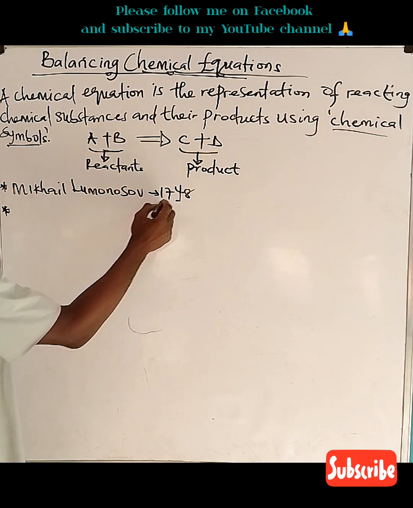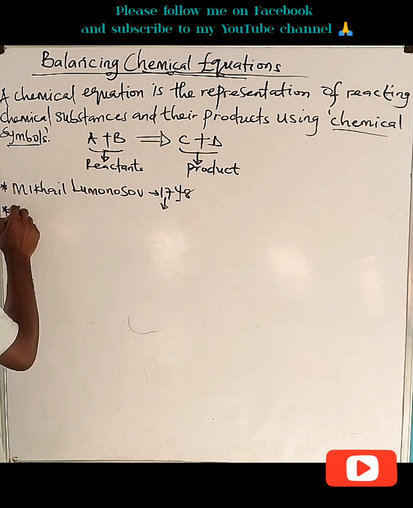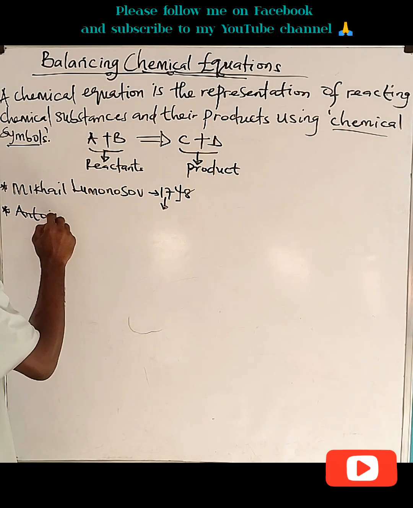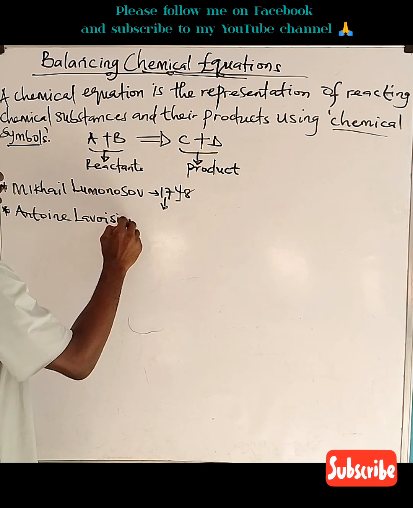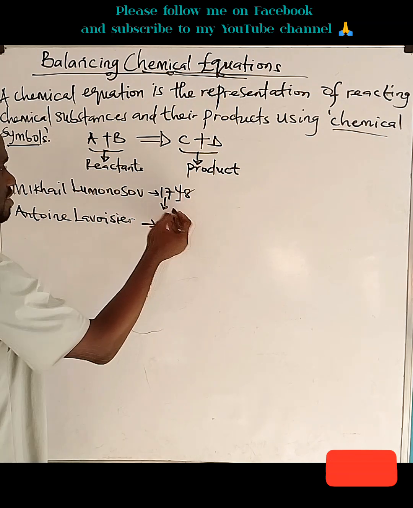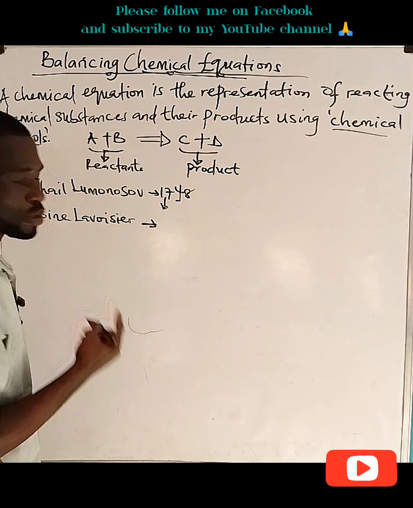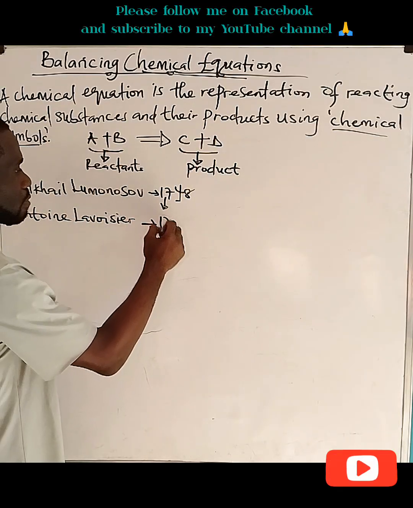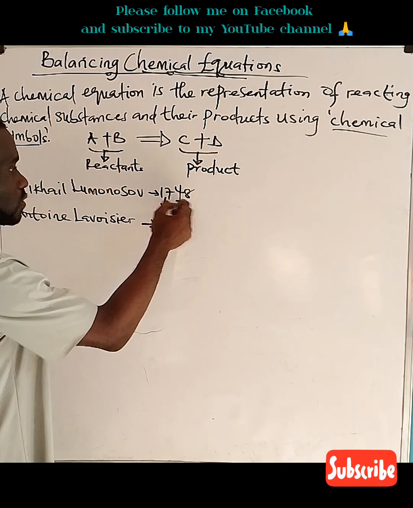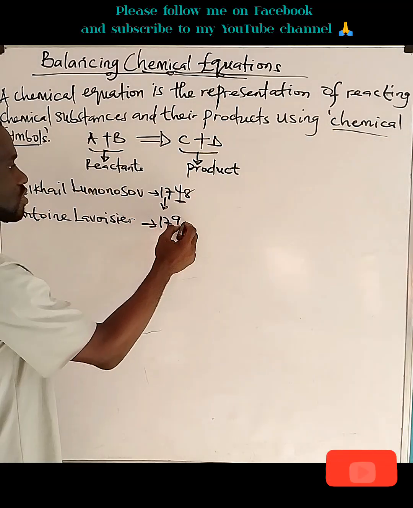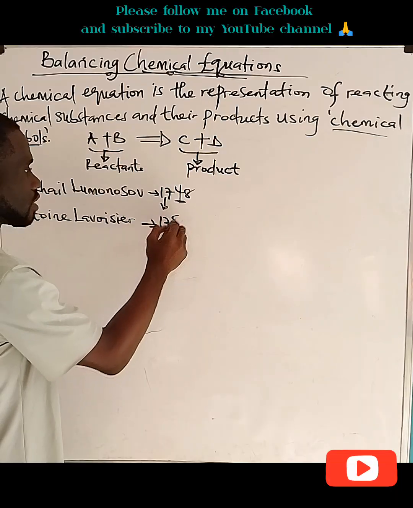After that, we have the next chemist, known as Antoine Lavoisier. Antoine Lavoisier was a French chemist. So 41 years after the great work by Mikhail Lomonosov, Antoine Lavoisier came up, and he worked more on the whole thing that Mikhail Lomonosov started. That's in 1789.